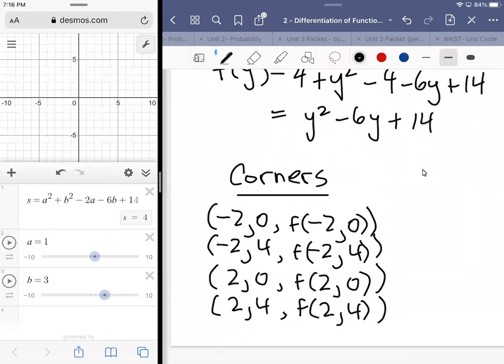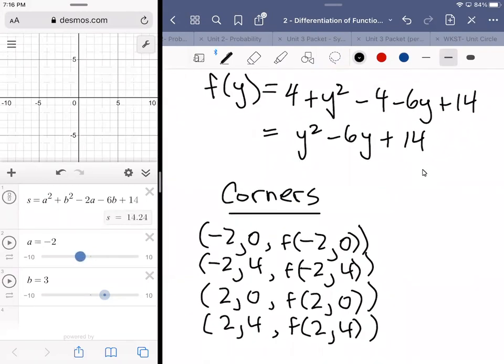For these points, -2, then 0 gives me a 22. Then a 4 gives me a 14.